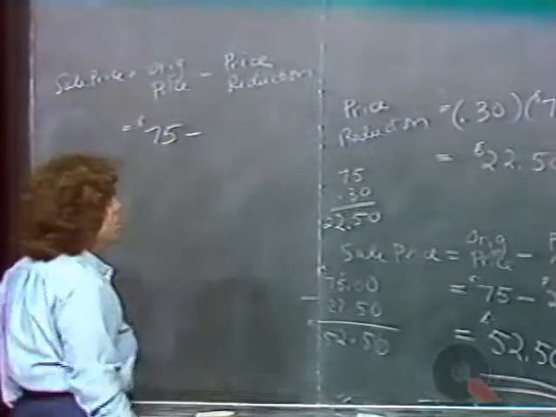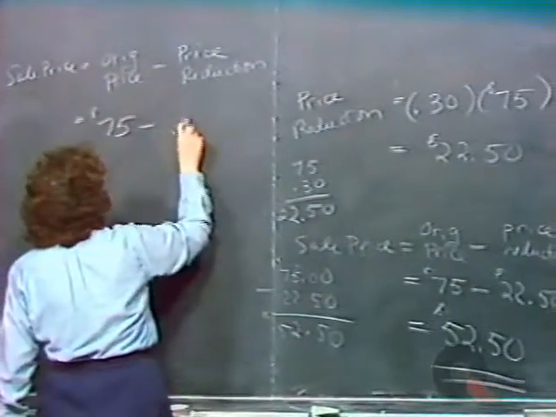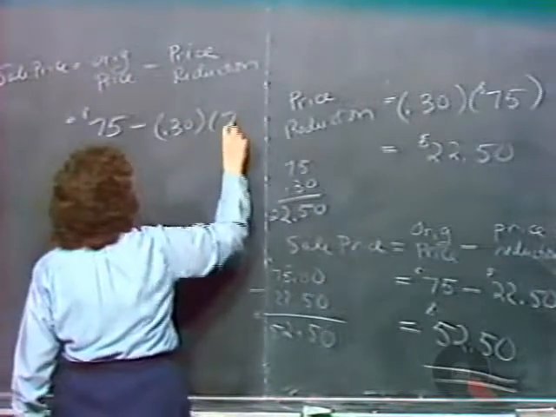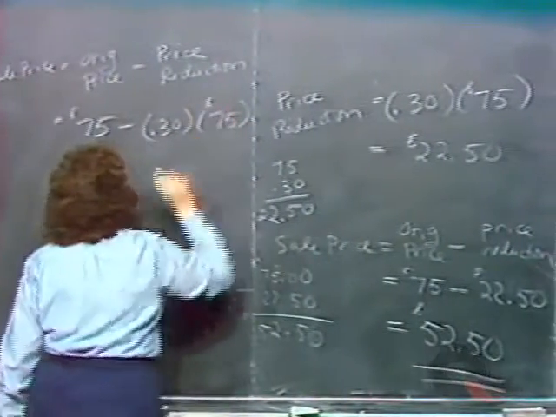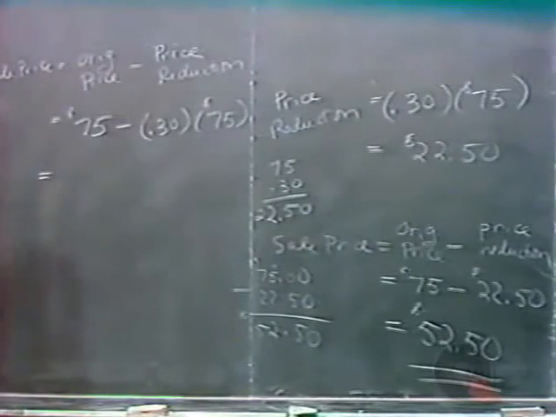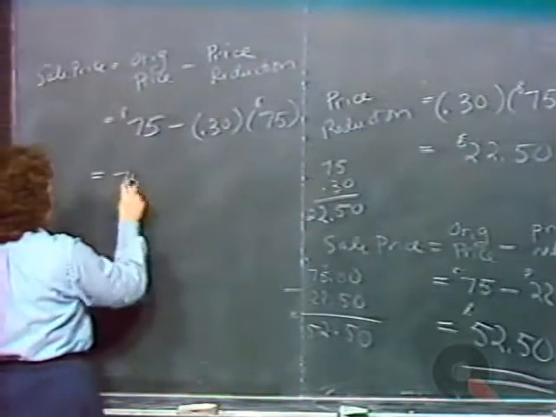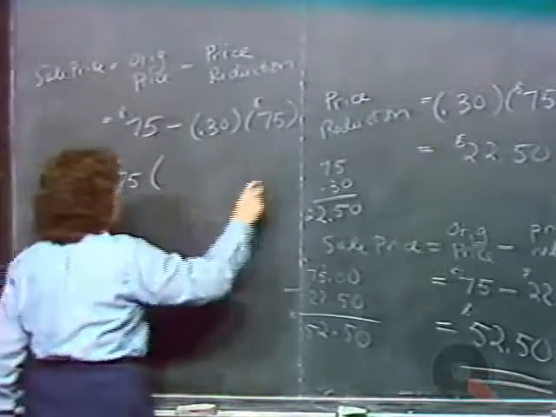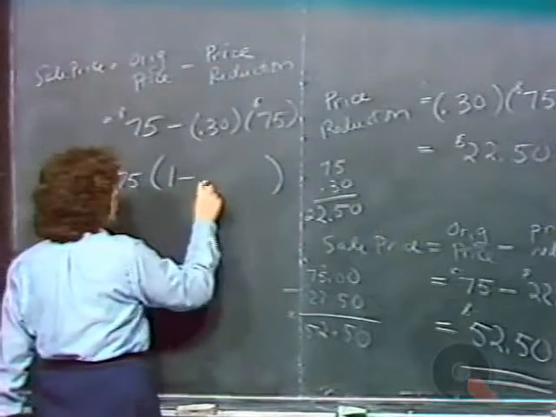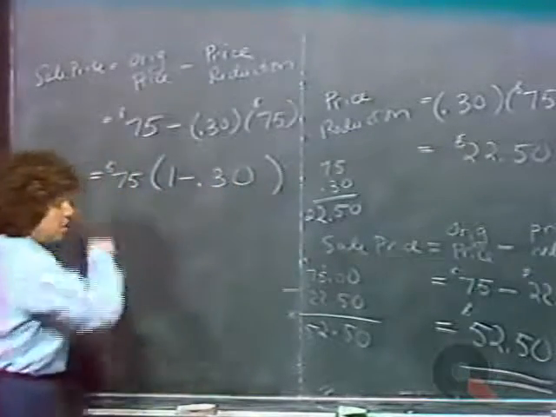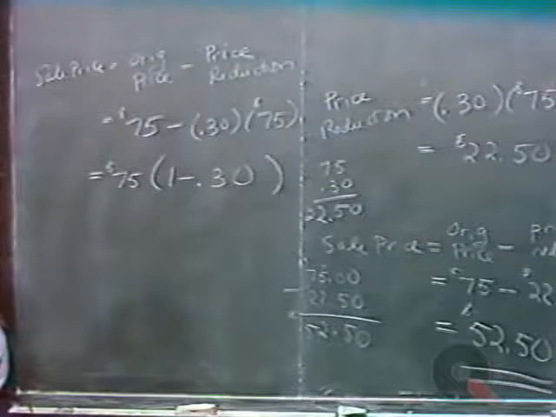Take away the price reduction, which was 30% of $75. We can factor out the $75, and that will leave us with 1 minus 0.30, in much the same way that we did the other problems with the increase in salary.